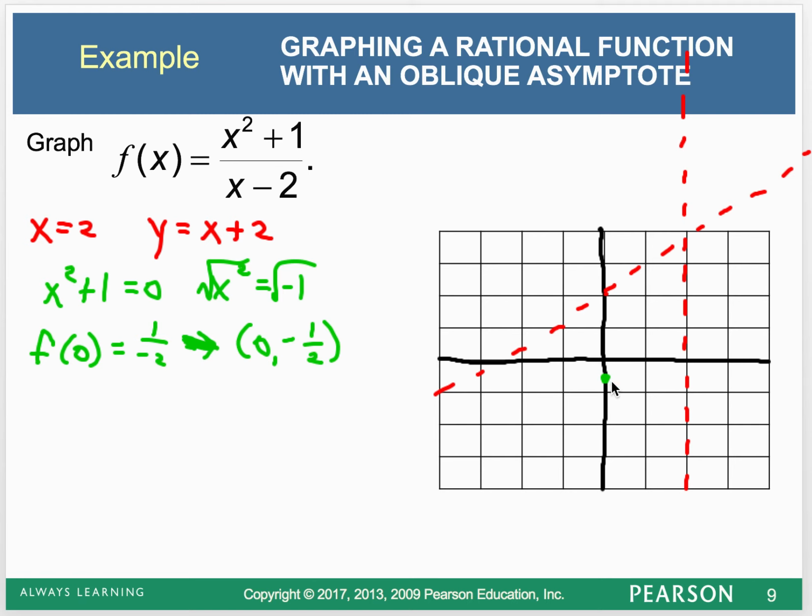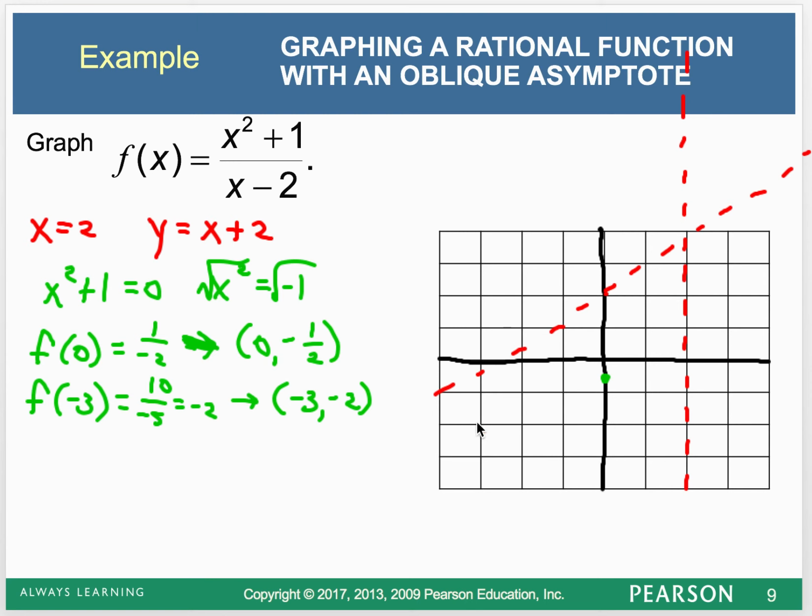Now I can get a couple extra points, and let's do that. Let's do f of -3 just to see exactly how quickly it falls. Okay, -3 squared, that's 9 plus 1 is 10. -3 minus 2 is -5. So that's -2. So that's the point -3, -2.